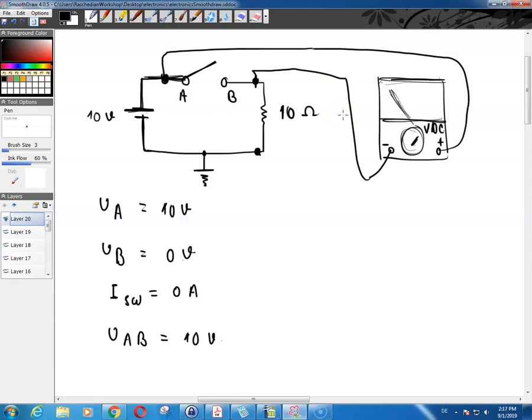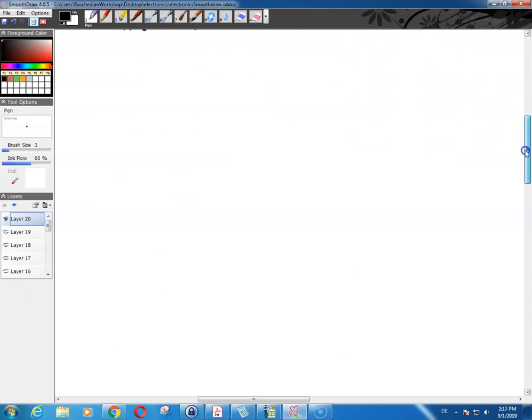Now we can have another sort of switch over here. That is a double pole single throw switch. A double pole, a single pole.